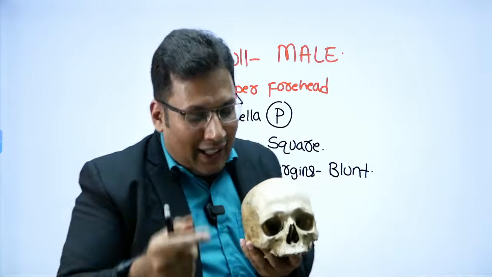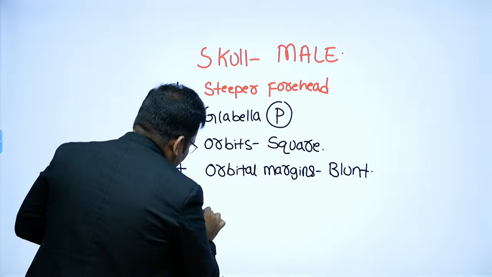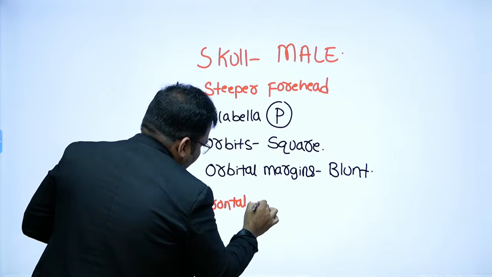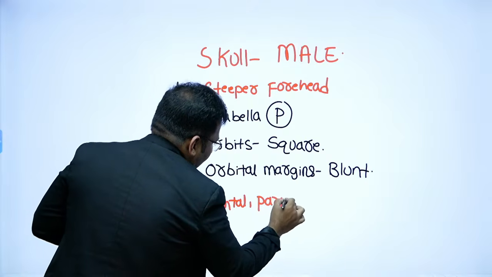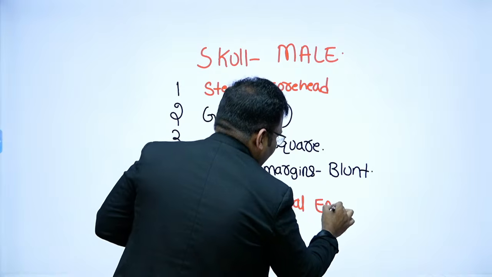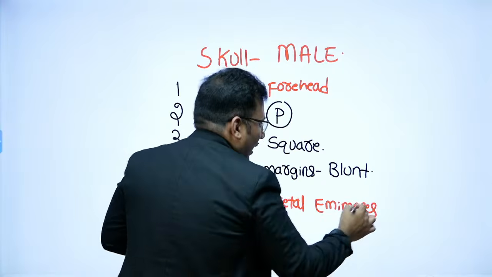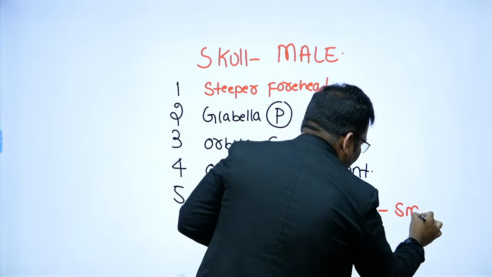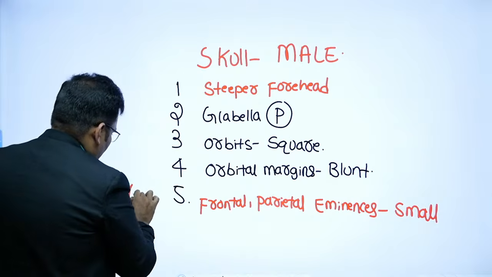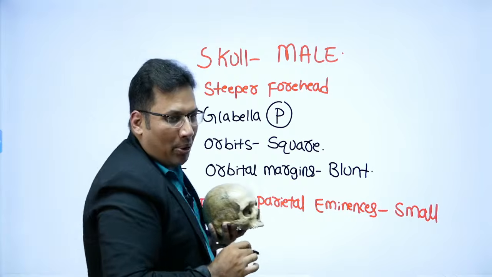Then one more important feature is the frontal and parietal eminences. They are small. This is very, very important.